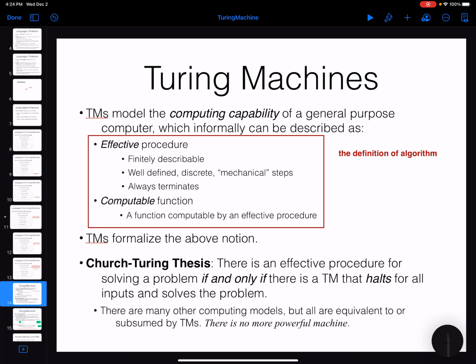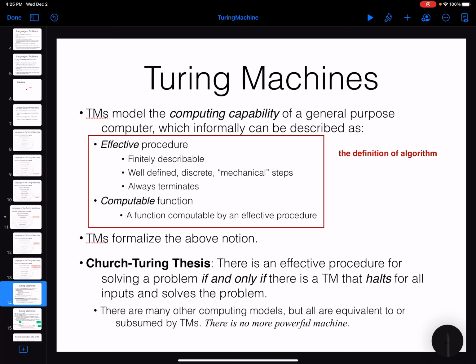I'm going to show you that definition, but it has been shown that everything that can be done using a mechanical machine, a computer basically, can be represented using a Turing machine.